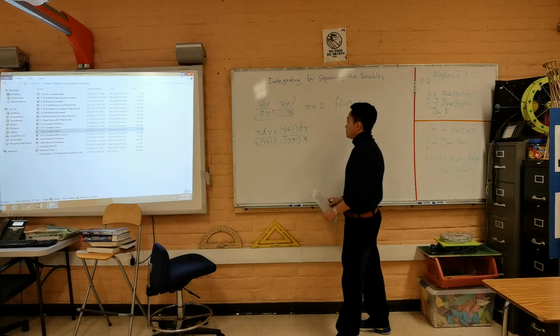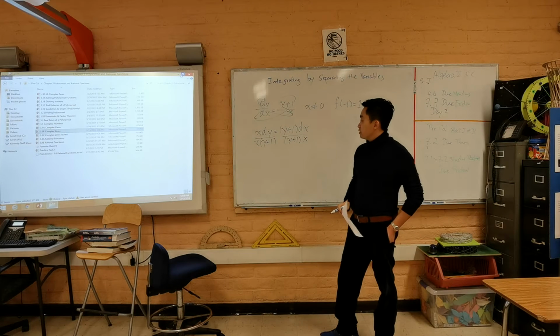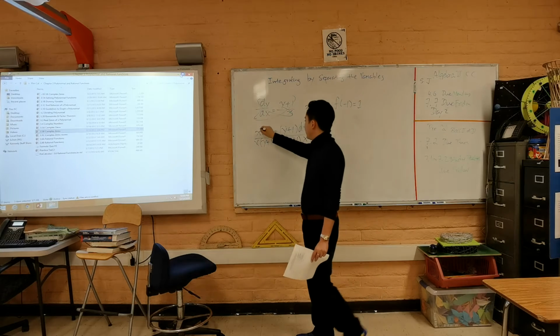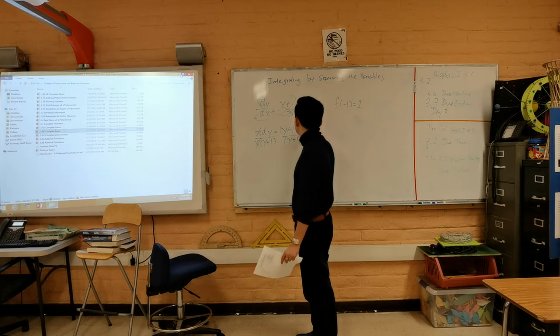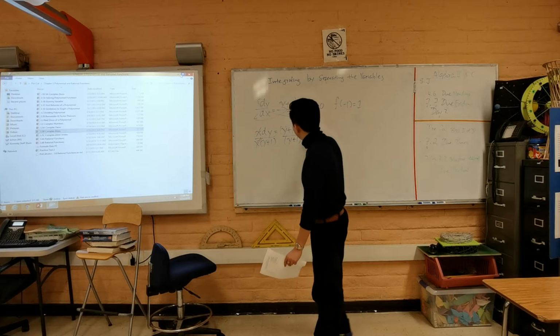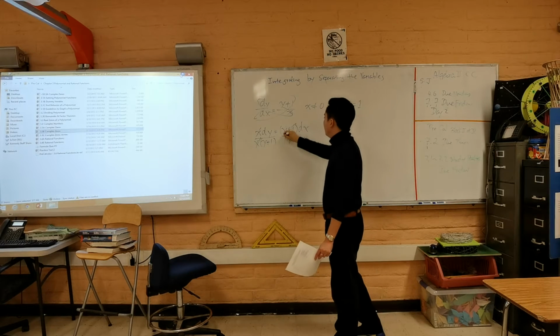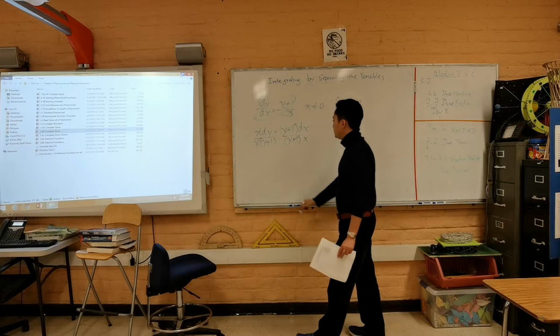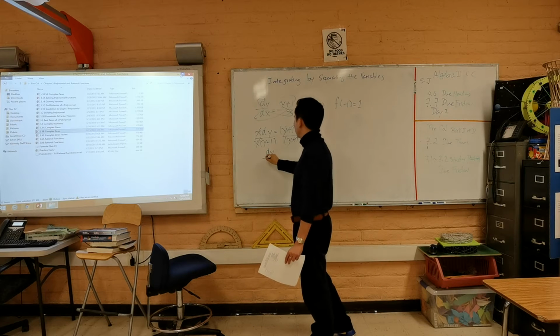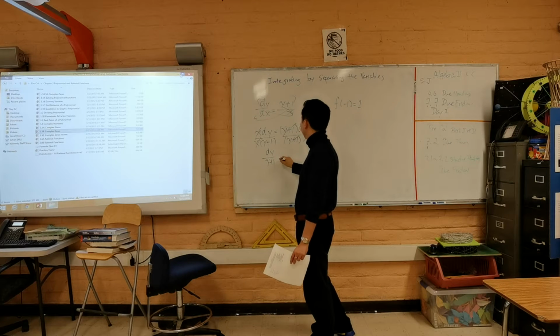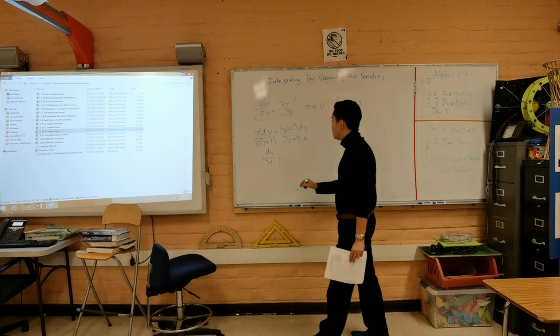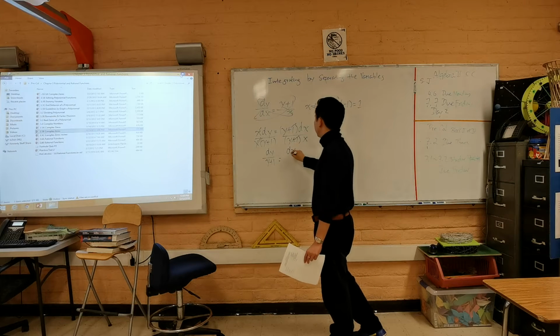The purpose of doing this is to group those differentials with the like variable. So x gets canceled here, so dx just remains on the right-hand side, but over here y plus 1 cancels. So we have dy over y plus 1 on the left-hand side, and on the right-hand side we have dx over x.